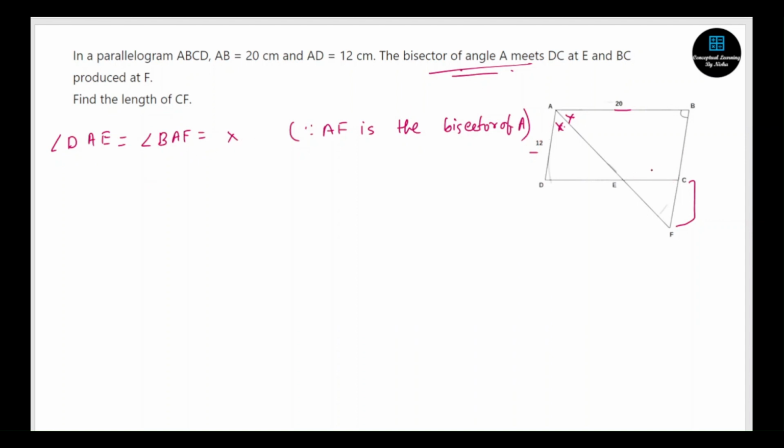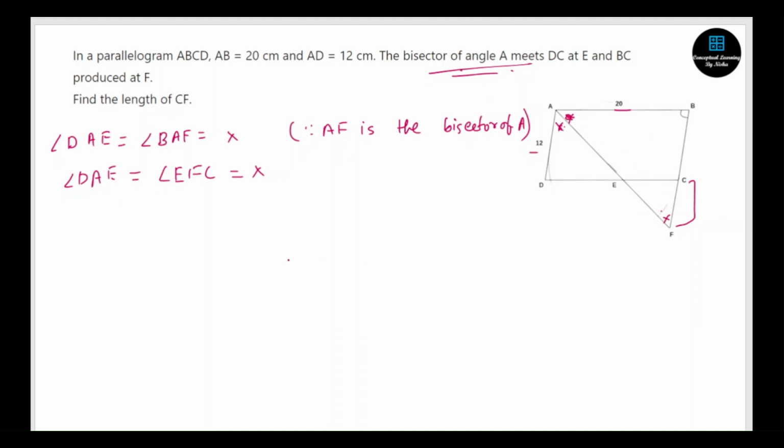Alright. Now, what else? These are parallels, correct? So, what can I say? This angle and this angle, can I say they are equal? Yes. So, let me write this angle DAE equals angle EFC and both are X, correct? Alright. Now, what can I say for this triangle ABF? See, these two angles are equal. Means what?